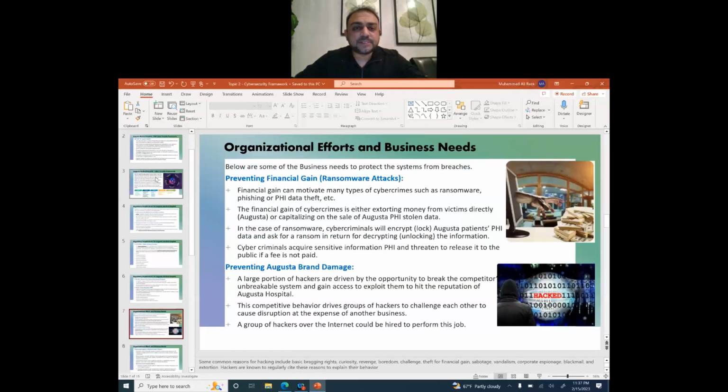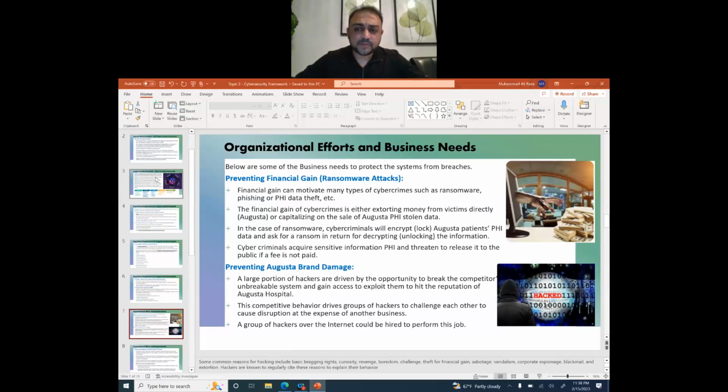The next one is organizational efforts and business need. Below are some of the business needs to protect the Augusta systems from breaches. The very first intention is preventing financial gain, and an example is the ransomware attack. So our efforts are to protect our internal system from any kind of ransomware attack. What they basically do is lock the system, encrypt the system, and ask for money, right?